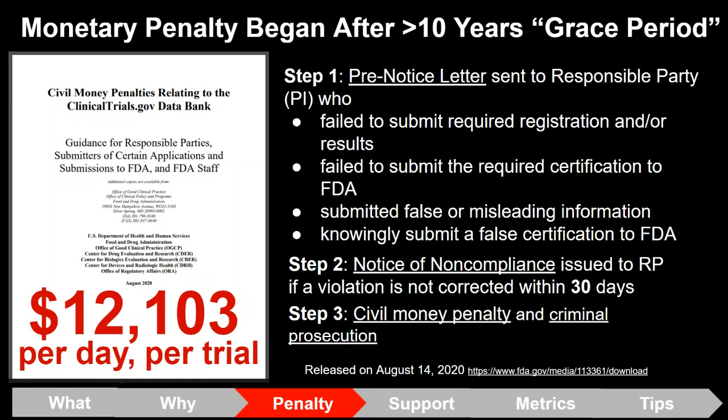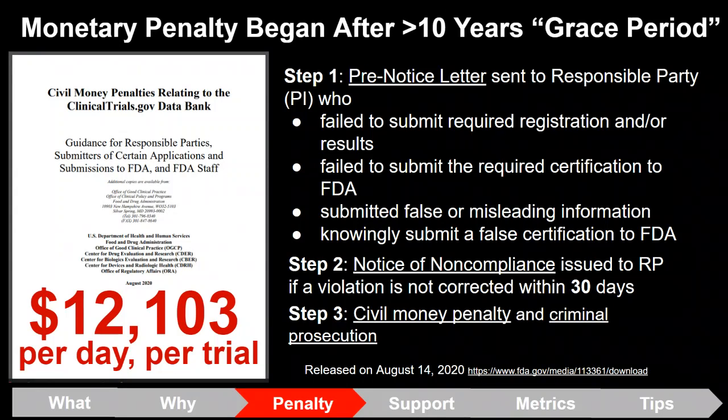The U.S. government could impose $12,103 per day per trial for any non-compliance. This fine schedule was initially introduced by the FDA Amendment Act in 2007, but it is beginning to be enforced after a 10-plus year grace period, this year.